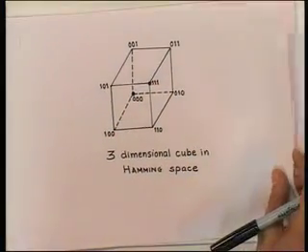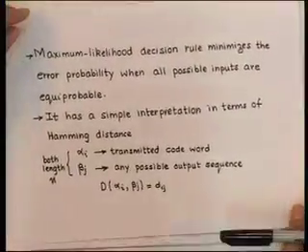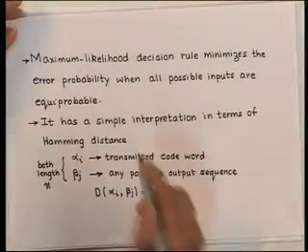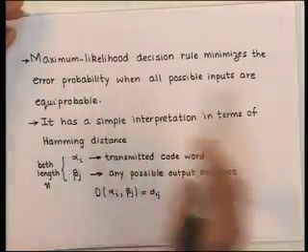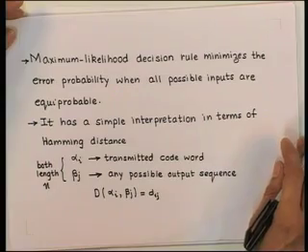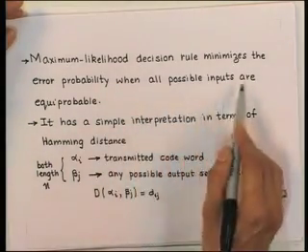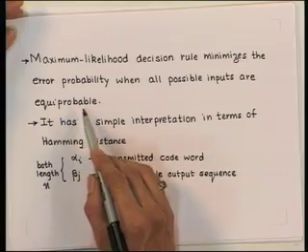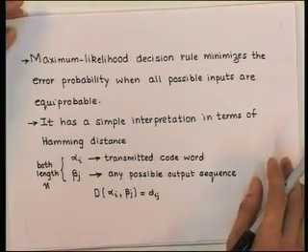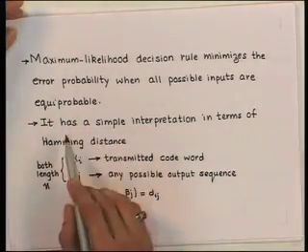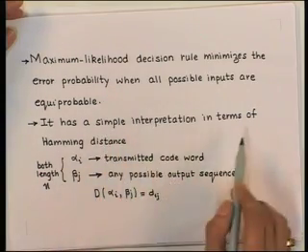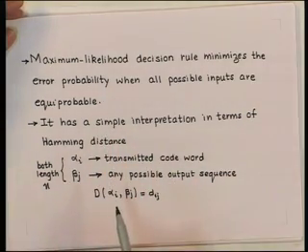Let us provide a simple proof for the same. We have studied that the maximum likelihood decision rule minimizes the error probability when all possible inputs are equiprobable. Now, this rule has a simple interpretation in terms of Hamming distance.